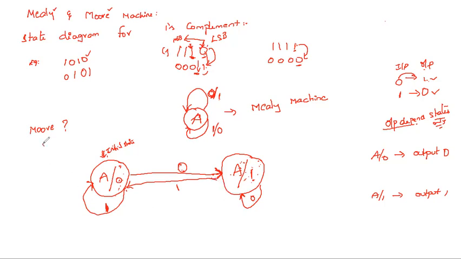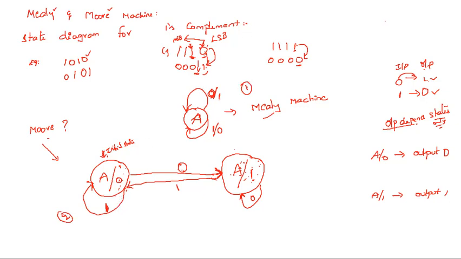This is the Moore machine. This is the Mealy machine. Okay. So have you observed the differences? What are the differences? See, in the Mealy machine, we have only one state. In the Moore machine, we have two states, right?